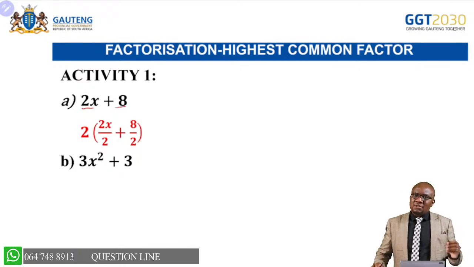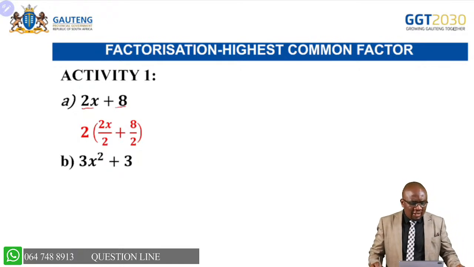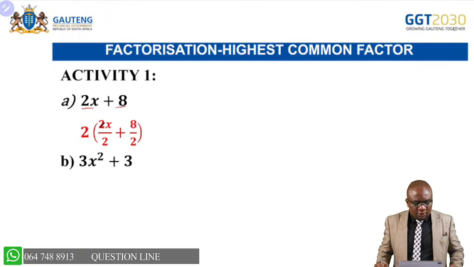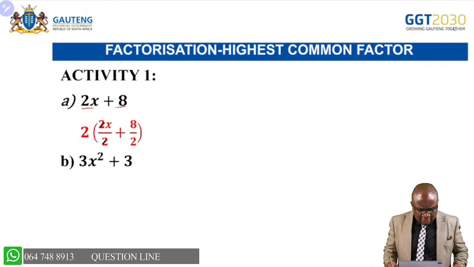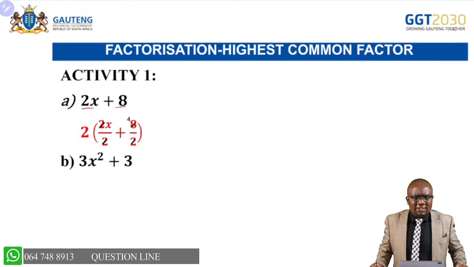I'm just showing you so that those who are still having problems with it can learn. But if you can do it directly without this step, please do so. Now, we're going to divide by 2, and then 2 divided by 2 is 1. We remain with 1x there. And then 8 divided by 2, we get 4. And then what do we have inside the bracket?